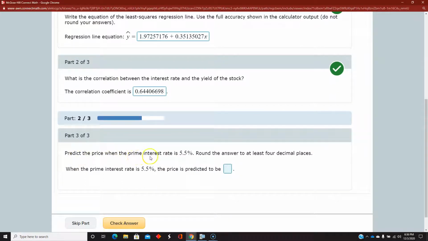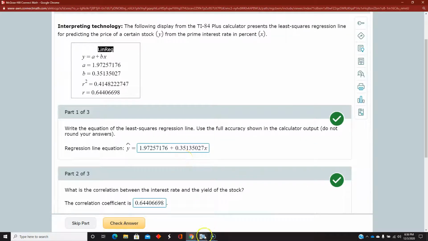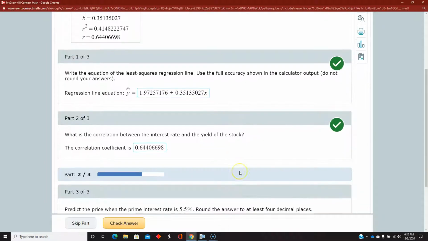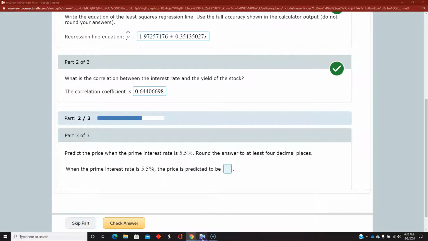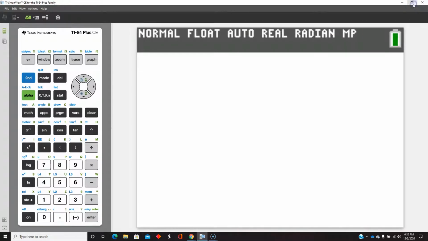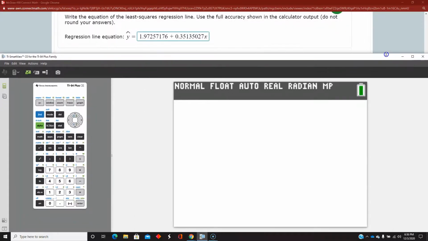Predict the price when the prime interest rate is 5.5. So we're going to put 5.5 into this equation. There's my regression equation, and we're going to plug 5.5 into that equation.